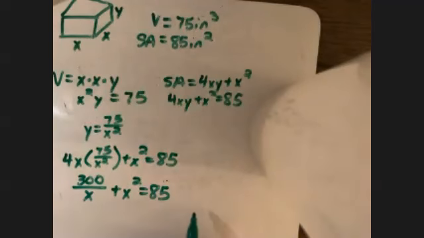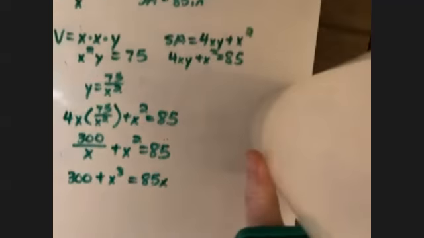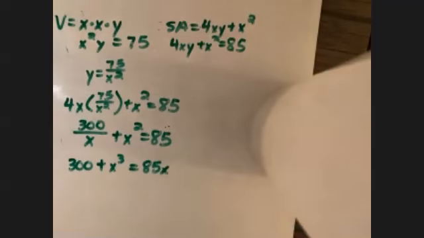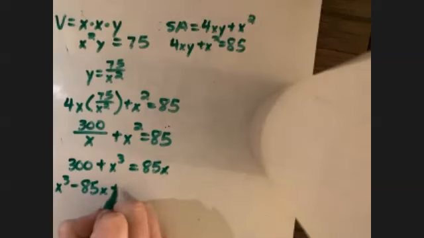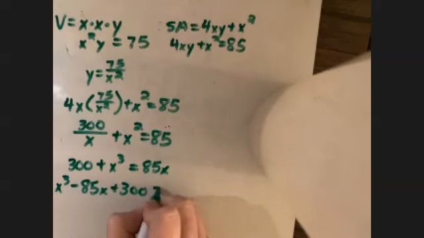Now, I'm going to multiply through by an x to clear this up. So I've got 300 plus x cubed equals 85x. And I'm going to pull everything to the same side. So x cubed minus 85x plus 300 equals 0.